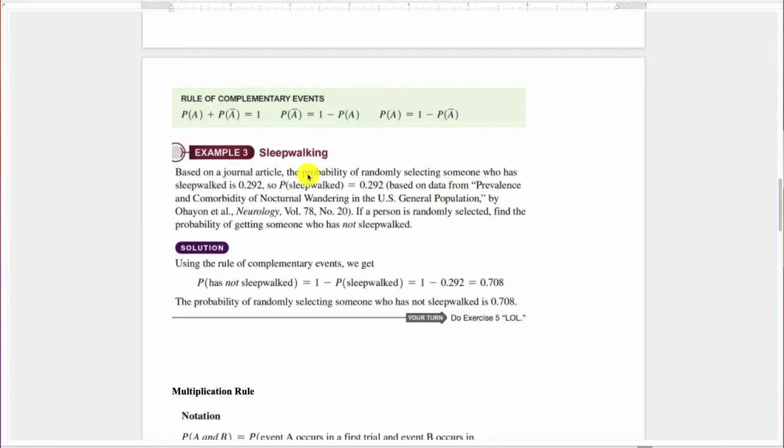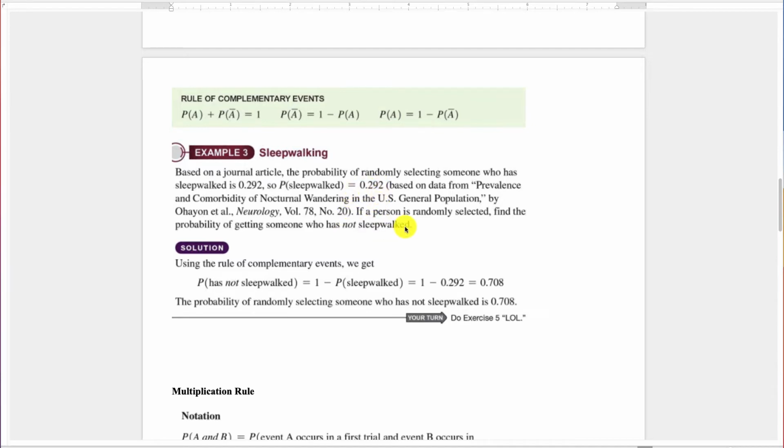So in this example of sleepwalking, the probability of randomly selecting someone who has sleepwalked is 0.292. If a person is randomly selected, find the probability of getting someone who has not sleepwalked. So this is sleepwalked, right?